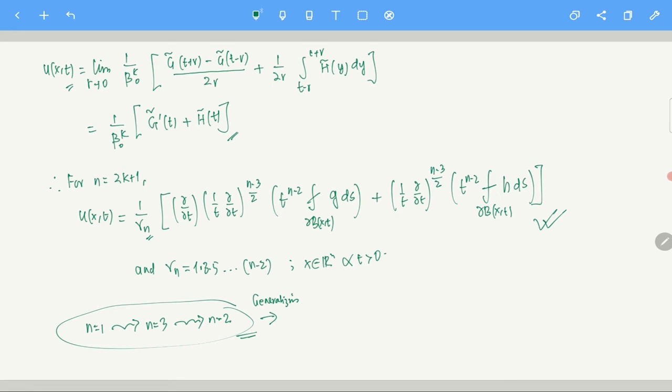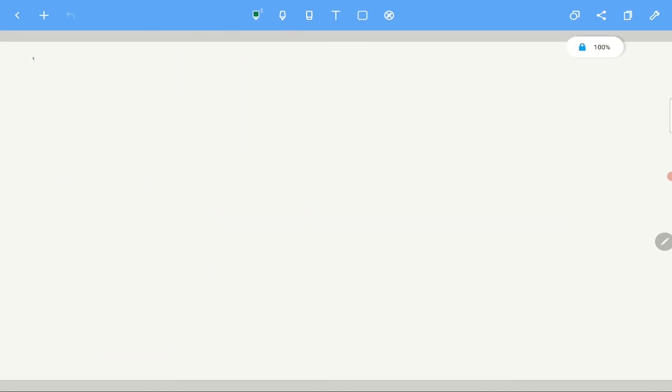Now what is the guarantee that this is the solution? Yes, what is the guarantee? So for that, the existence theorem for wave equation in odd dimensions.